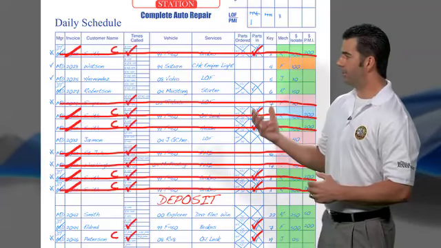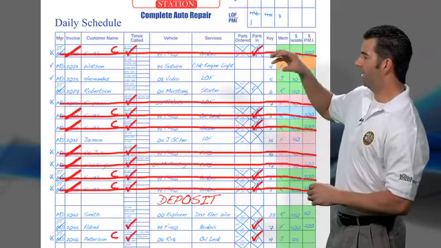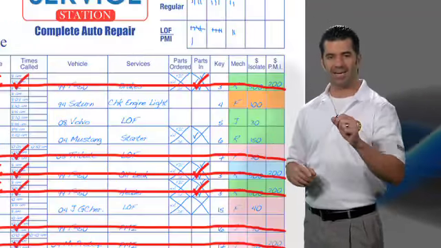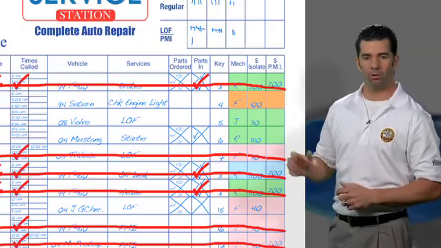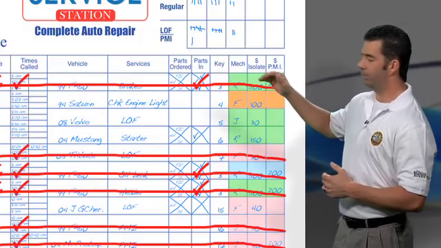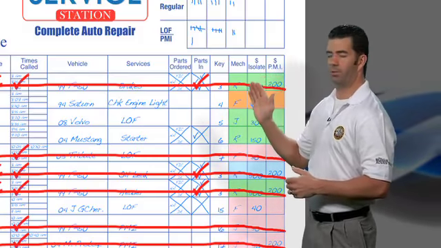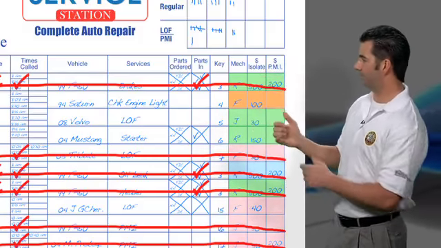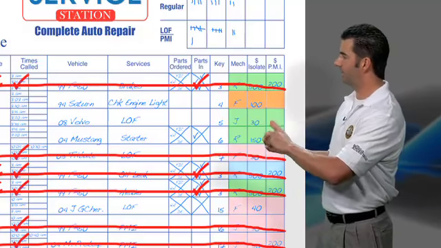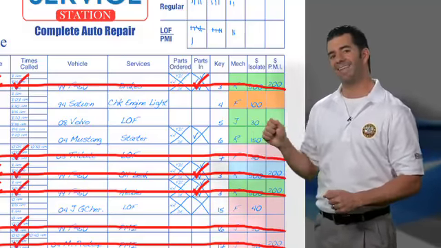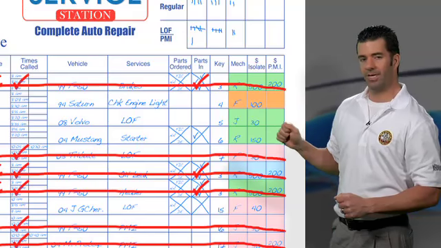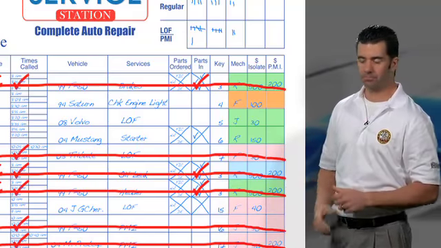So what we do is we have a couple different highlighter colors. If you look at our board, we highlight from the word mechanic over. We're going to highlight mechanic, isolate, and PMI orange if that's a recheck.